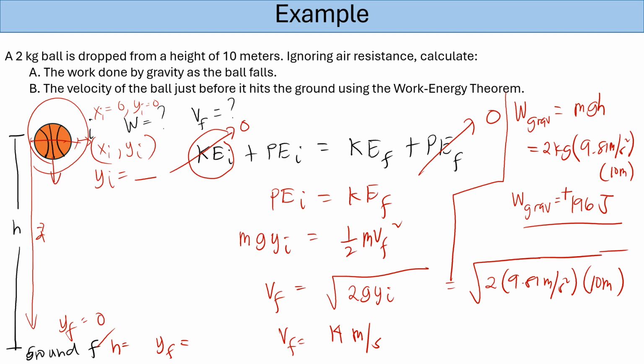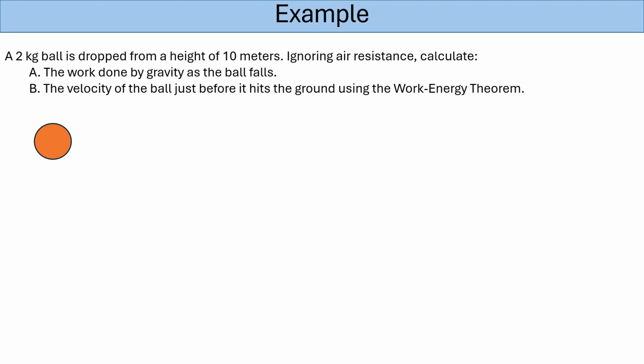Actually, we can apply the formula earlier. Work due to gravity is equal to the negative change in its potential energy.